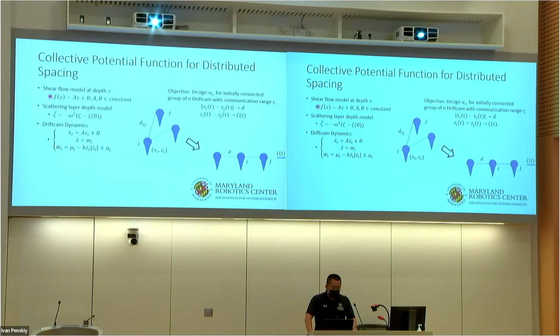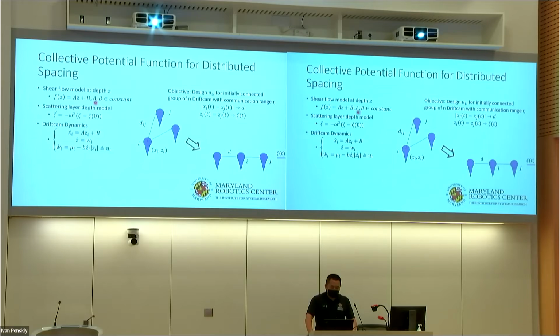Given the ocean flow field and the dynamics of the scattering layer in horizontal and vertical space, our goal is to have any DriftCam achieve the distancing D with its immediate neighbors while tracking the depth of the scattering layer.